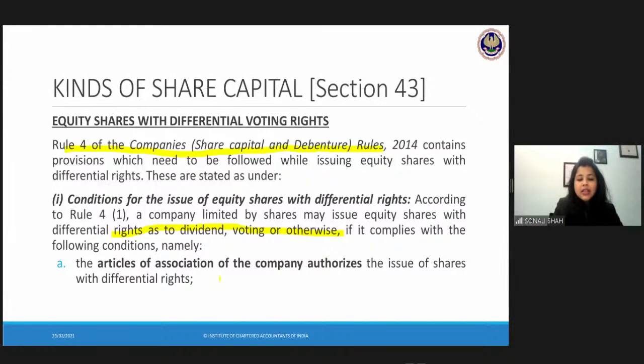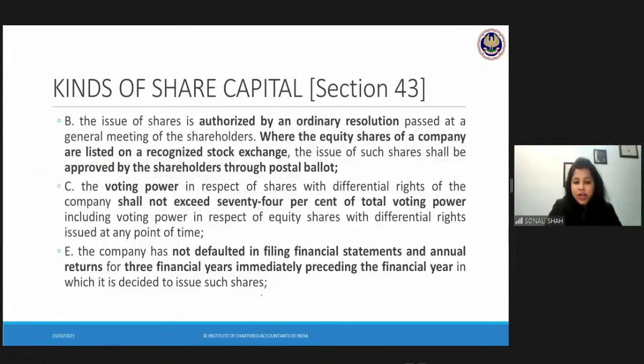The articles of association authorize it. So there is an authority in the AOA of the company. If there is no authorization in the AOA, a company will not be able to issue shares with DVR. So the articles of association of the company should permit that a company can issue equity shares with differential voting rights. Correct? Now proceeding. The issue of shares is authorized by an ordinary resolution. What kind of resolution needs to be passed here?